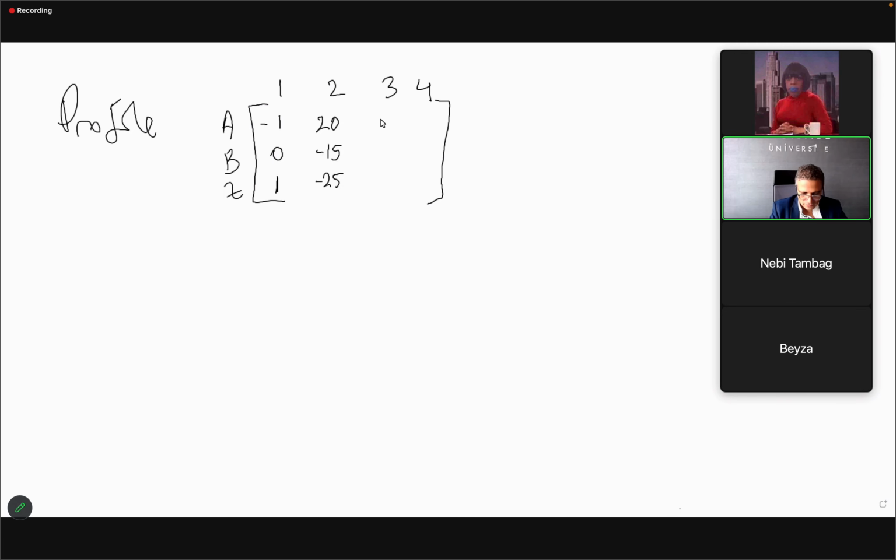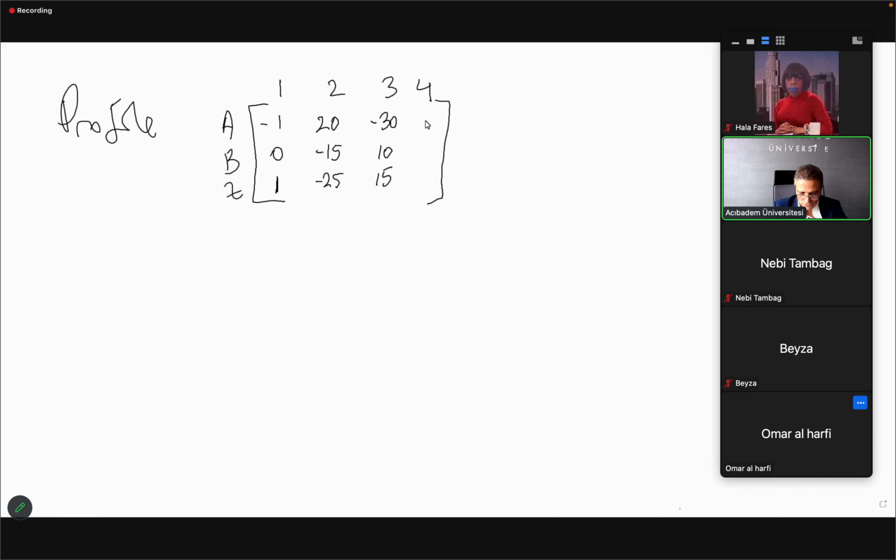Position 3 is, position 4 is, let's say this is your profile score that you obtain from the multiple alignment of these sequences.